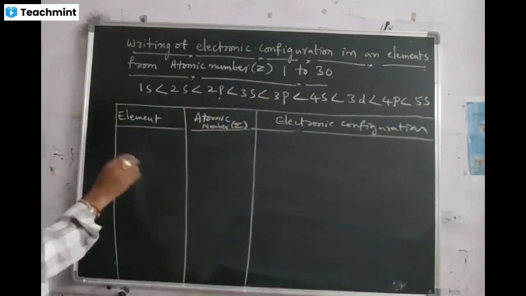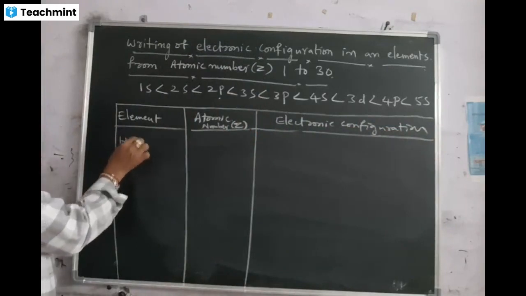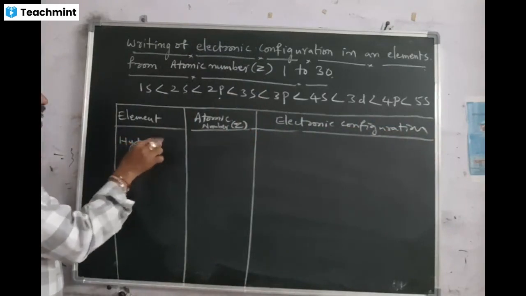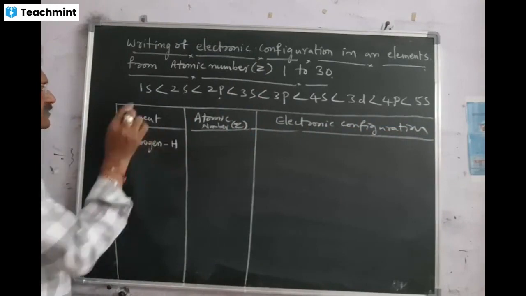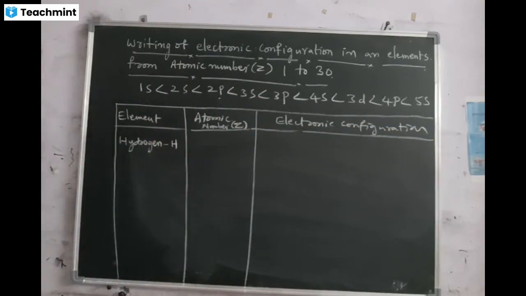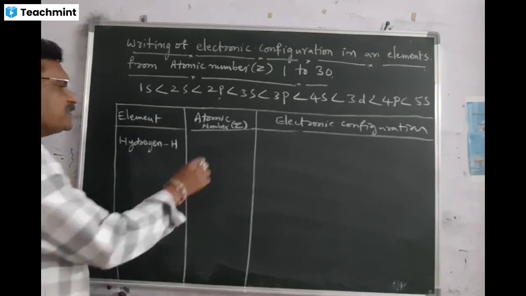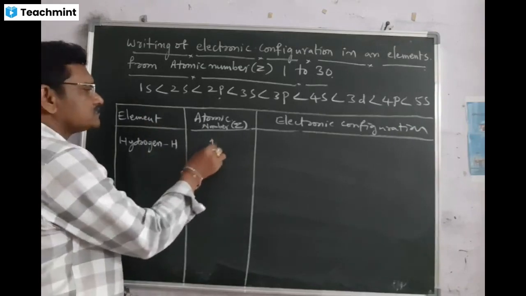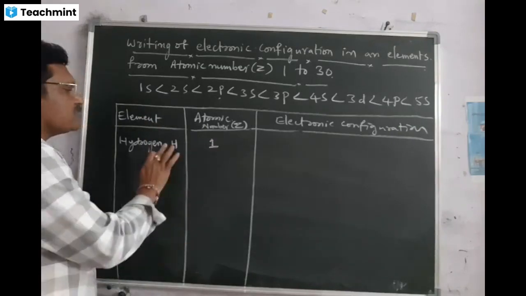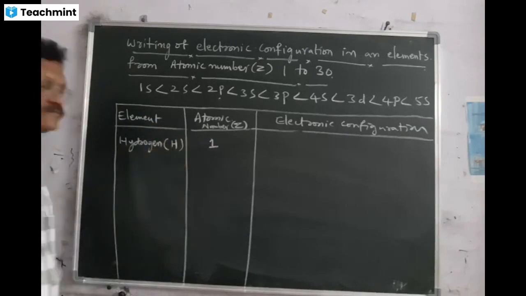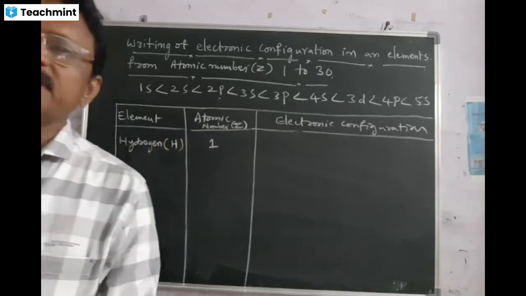You can take the first element. What is this? Hydrogen. Do you know the symbol of hydrogen? H. Hydrogen's symbol is H. What is the atomic number? 1. Atomic number is 1.